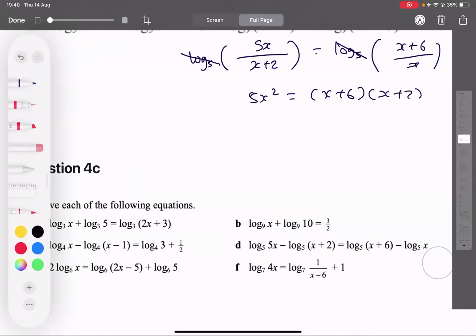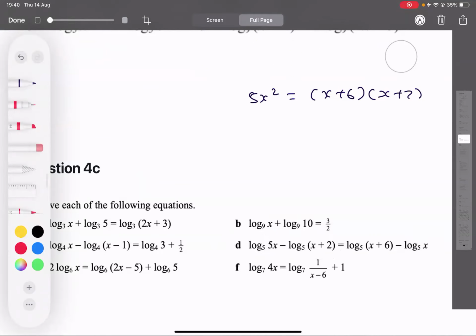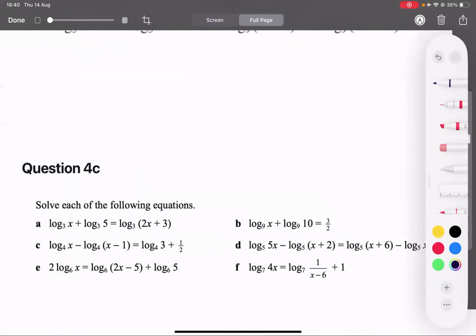Okay, cool. We still have 2 minutes, so we can go through C. So what would you do first, like before you do the combining and all that? Rewrite a half as a log. How would you do that?